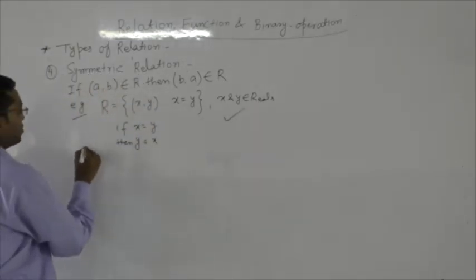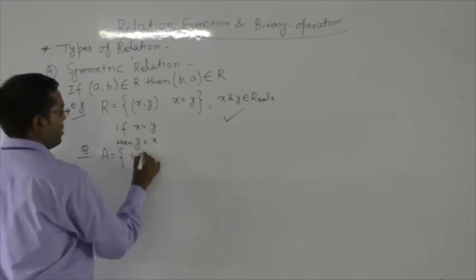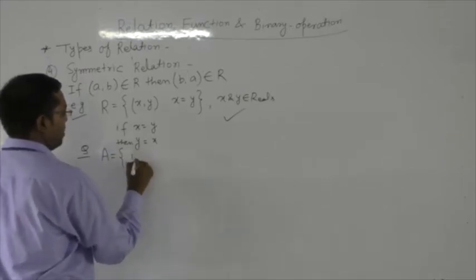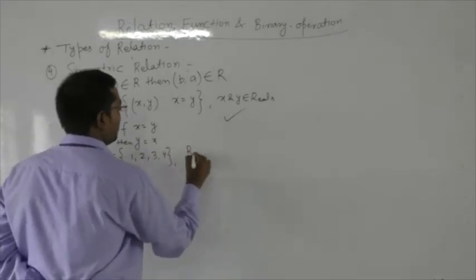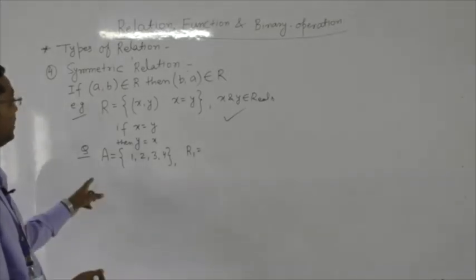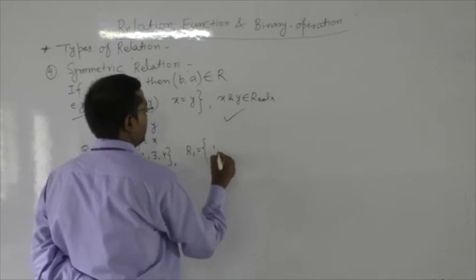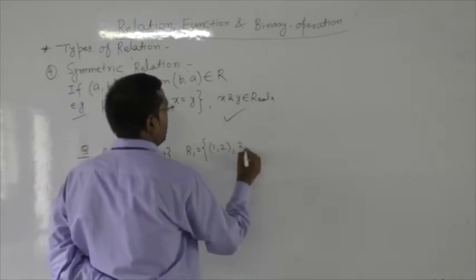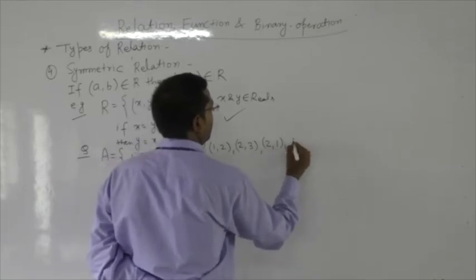Let's see more examples. Suppose we have set A as 1, 2, 3, 4. Here I am defining some relations, and we have to state whether these relations on this set A are symmetric or not. The R1 relation I am taking is 1, 2, 2, 3, 2, 1, 3, 2.